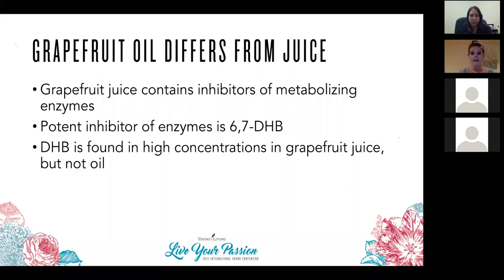In my professional opinion, the greatest risk would theoretically arise from taking lots of grapefruit oil by mouth. I do not see how, theoretically, using grapefruit in a bath bomb or something like that would carry the same risk.